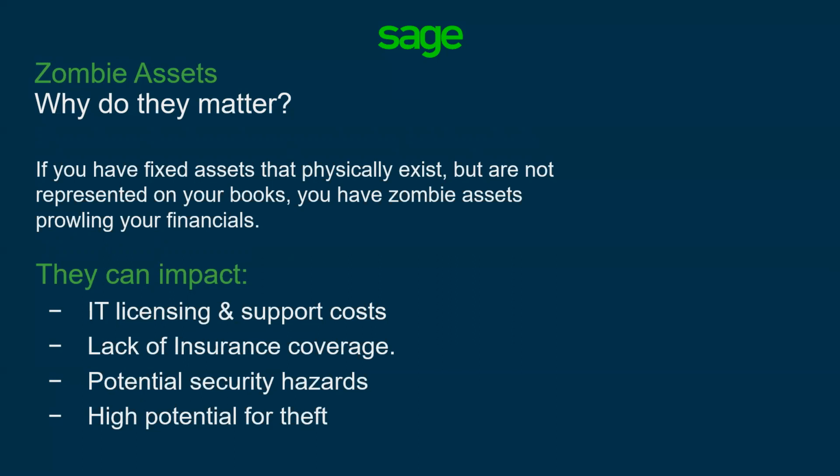For example, in the case of IT assets, this could pose a potential security risk because your IT staff may not be protecting that particular asset correctly. There is a very, very high potential for theft with zombie assets because you don't have them on the books, you're not doing inventory on them, and you're not even aware that it is there. By the time you do realize that, an asset like that may be missing, and certainly now you've got an issue tied to that.